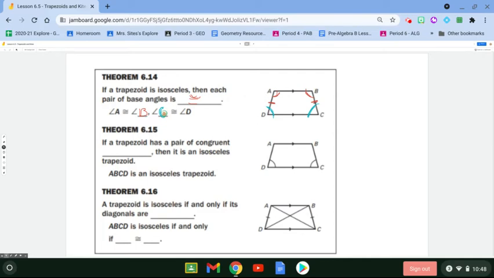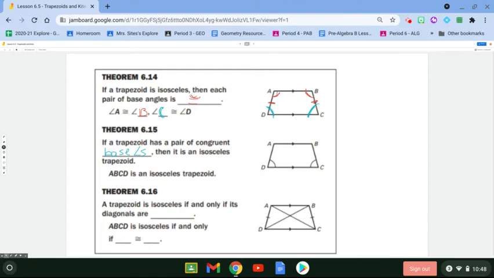If a trapezoid has a pair of congruent base angles, then it is an isosceles trapezoid. So it works both ways. For example, if angle D and angle C are congruent, then we can assume ABCD is an isosceles trapezoid.